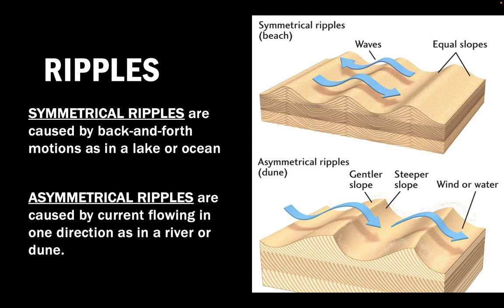Symmetrical ripples are caused by back and forth motions as in a lake or ocean. Asymmetrical ripples are caused by current flowing in one direction as in a river or a dune. If a rippled surface is buried gently by more sediment without being disturbed, it might later be preserved in solid rock.